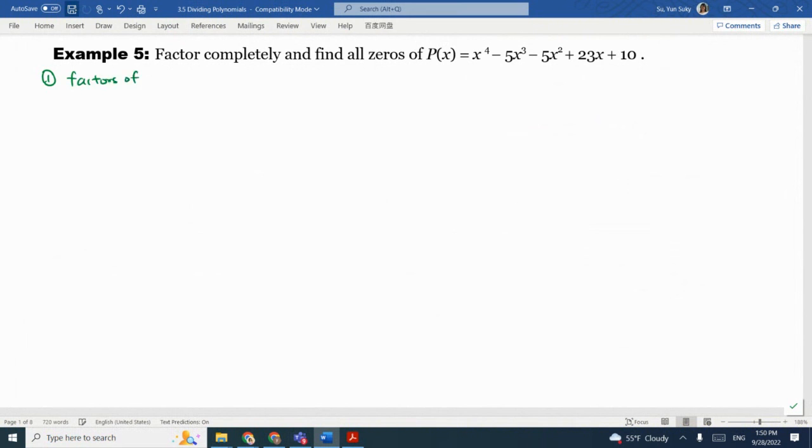Yeah, find the factors of the constant term. What's the constant term? 10. What are the factors of 10? Plus or minus 1, plus or minus 2, 5, 10. Awesome. And then factors of the leading coefficient? 1. Then we just get plus or minus 1, right?